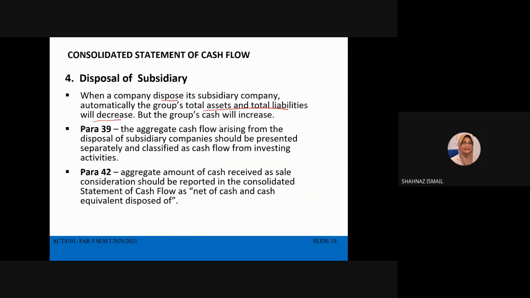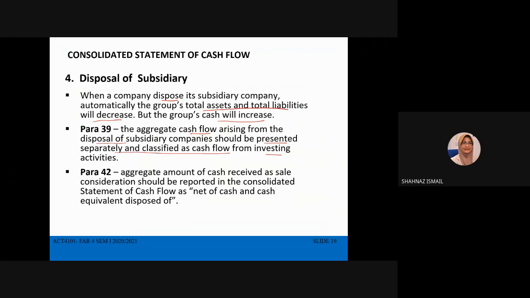Tetapi cash will increase sebab bila you jual, you dapat duit. Okay. So under paragraph 39, the aggregate cash flow arising from the disposal. So cash flow from disposal of the subsidiary should be presented separately and classified as investing activities.